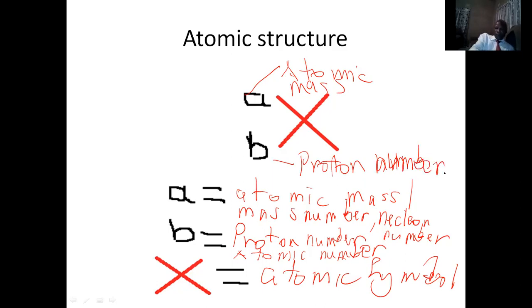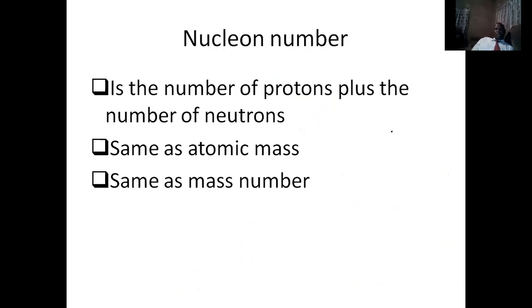The nucleon number is the same as the sum of the protons and the neutrons.